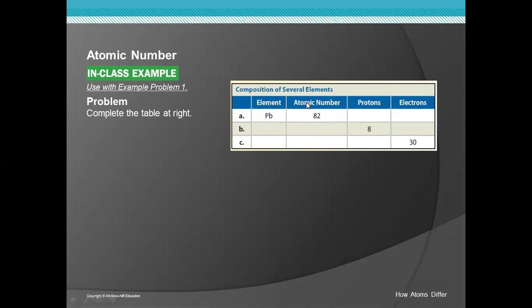It will be 8, as atomic number equals number of protons equals number of electrons. So the atomic number and number of electrons also will be 8. Okay, thank you. Bassam, can you answer question number 3?